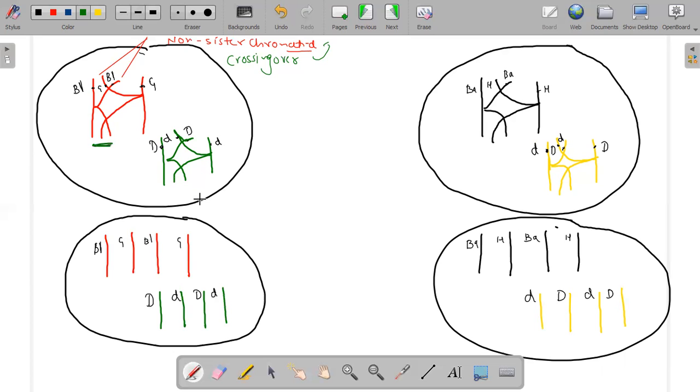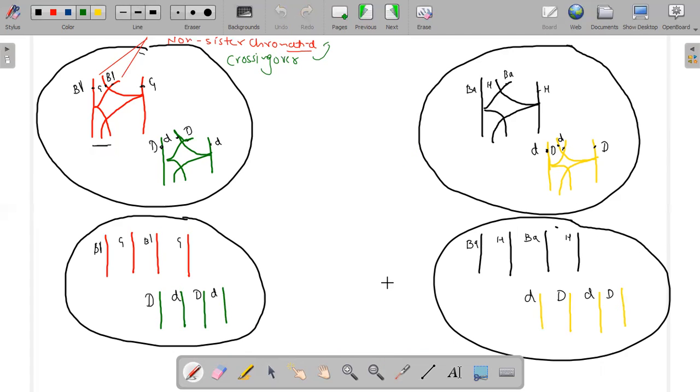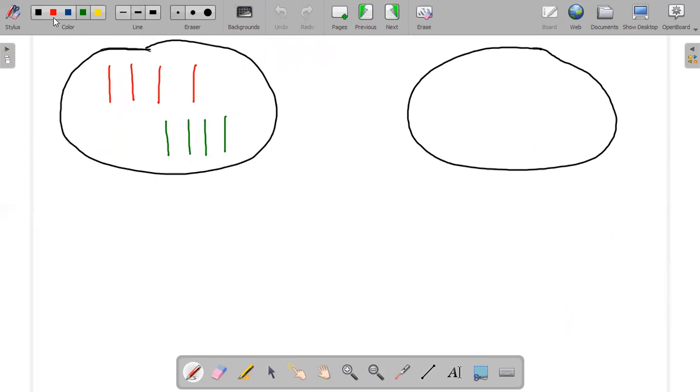Actually, this is one pair and this is another pair, and now their chromatids are separated. I told you how these are chromatids. You have to go for the meiosis process separately. I am not able to explain meiosis in full here, because if I explain meiosis here, then I will not be able to finish my recent syllabus, which is from class 12th. So I'm just giving you a very little idea here.